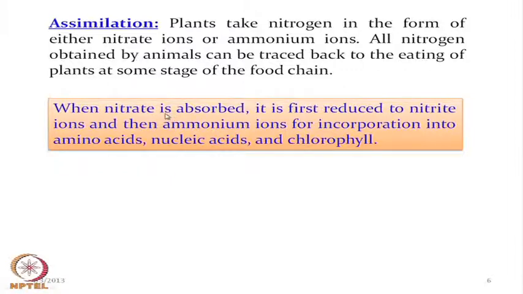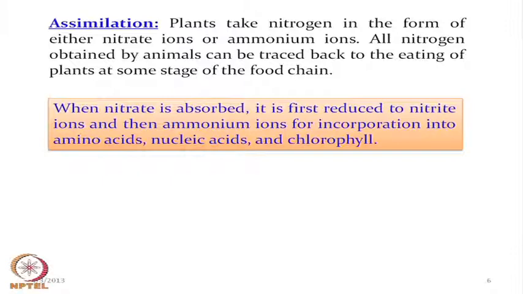So, when nitrate is formed, it is absorbed in the medium, and when it is absorbed, in some cases it is reduced to nitrite ions. Some redox enzymes, some oxidoreductases, are there. When present, they first go for the reduction, and the reverse reaction is also true when we get the oxidation of nitrite to nitrate.